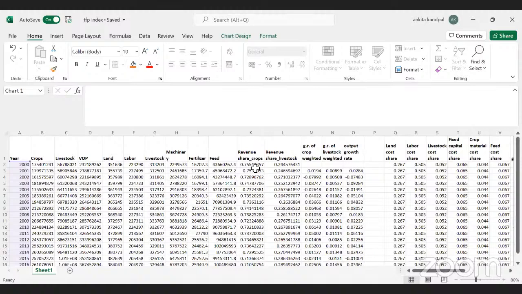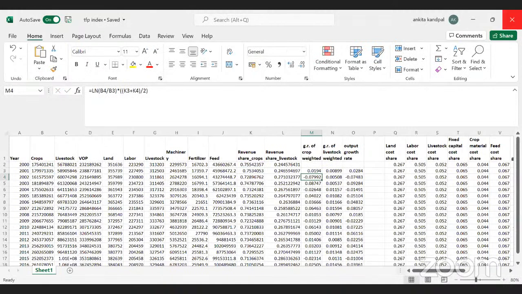The Divisia index is the same, but in the Tornqvist index we have taken the average of 2 years for calculating the growth rate of each output and input. In the Divisia index, we will not take the weighted average of 2 years, but only the share of the current year will be used for calculating the growth of output of the current year.